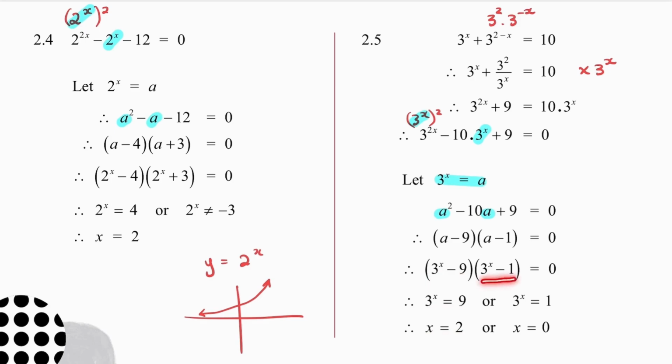Or 3 to the x is equal to 1, in which case x is 0. In these two examples, if you can go from the original and factorize straight as the trinomial, that's brilliant. And from here, straight into that one. If not, let something be a and then work with it that way.